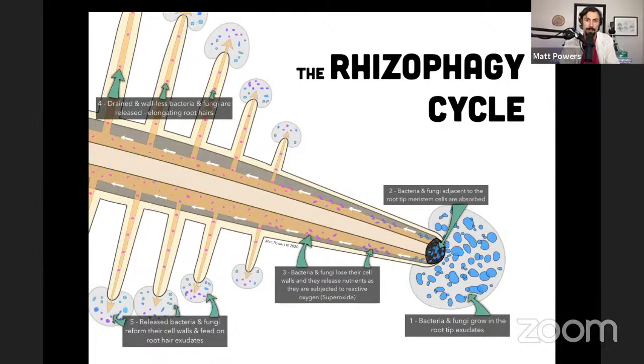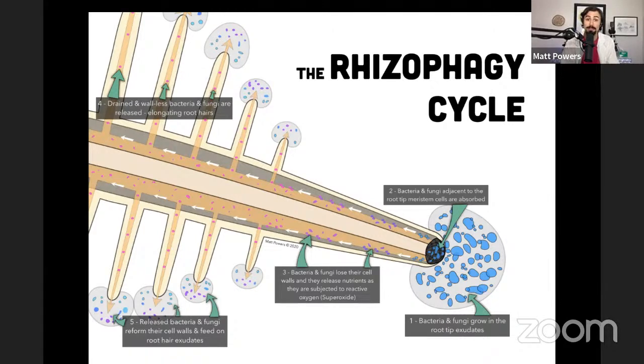So plant roots developed in such a way that they wouldn't need those higher order trophic levels of the soil food web. They evolved with the rhizophagy cycle, so they can partner with simple yeasts. They can partner with endophytes that are also saprophytes. There's a huge overlap between those two.